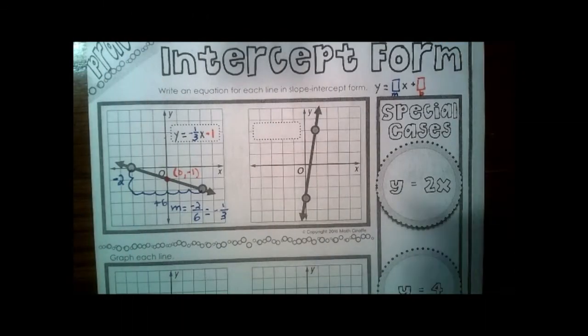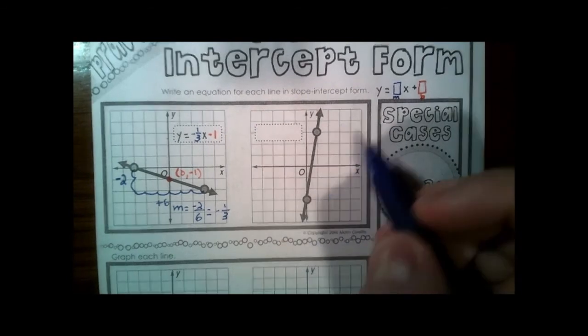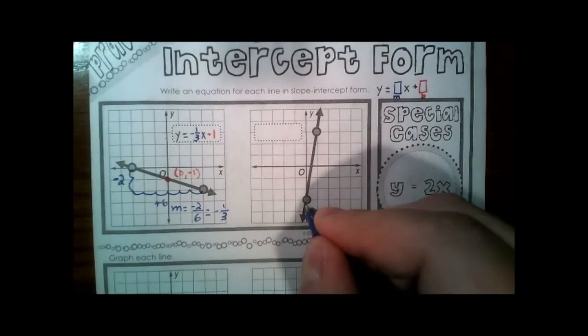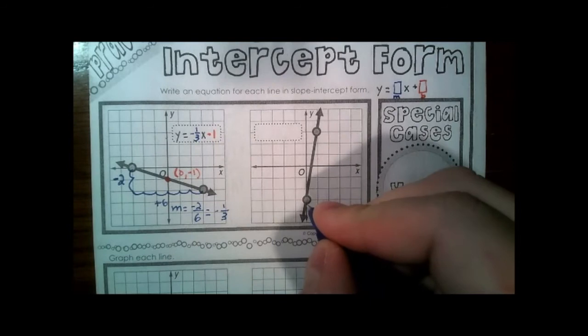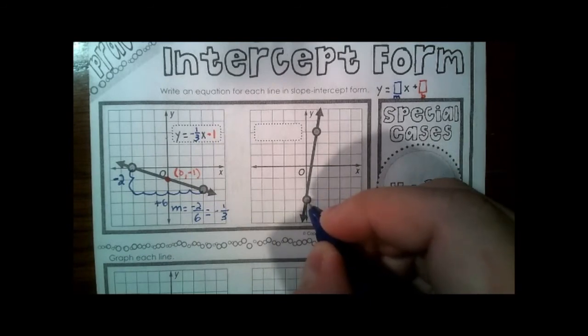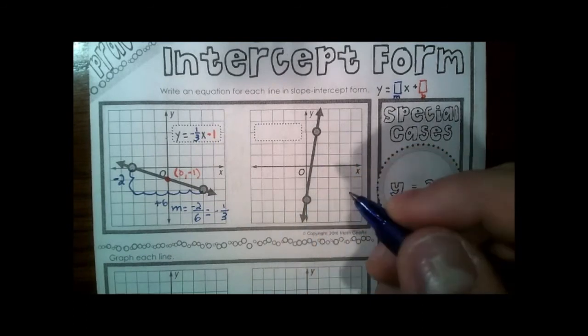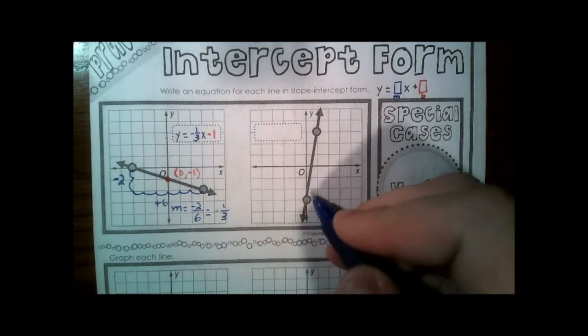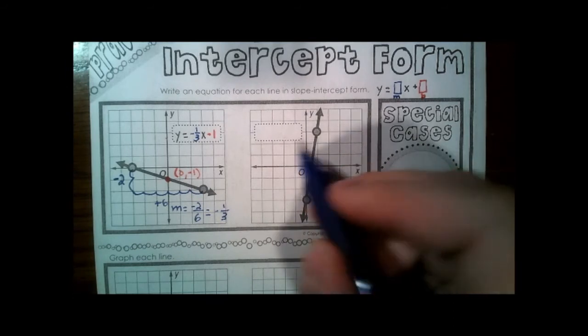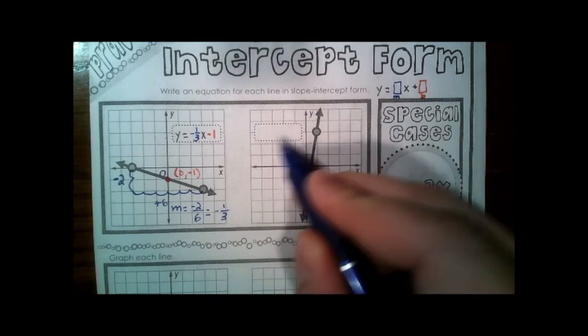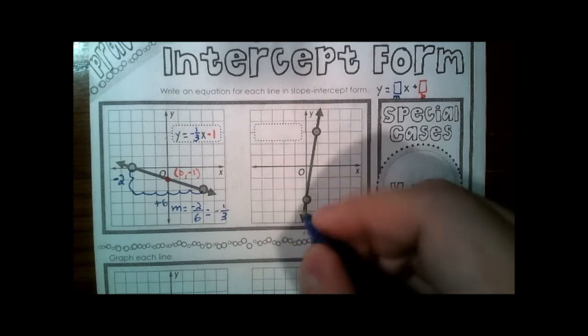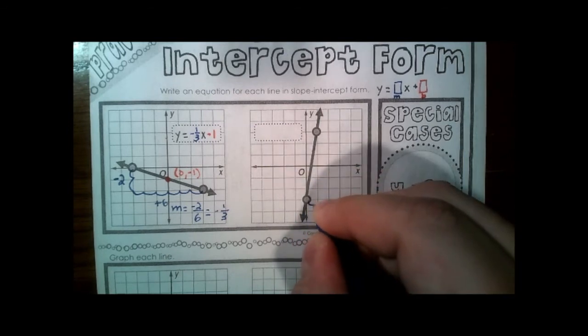Welcome back. So we're asked to put this in slope-intercept form. I have my line here. First step, I'm going to find the slope. Then I'm going to find the y-intercept. Now I'm going to switch up finding the slope a little bit, because this box that I'm going to write my answer in is over here. I'm actually going to do my run first.